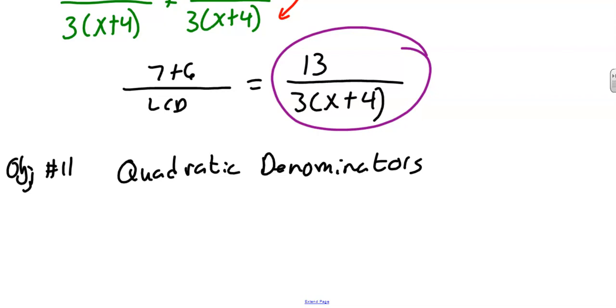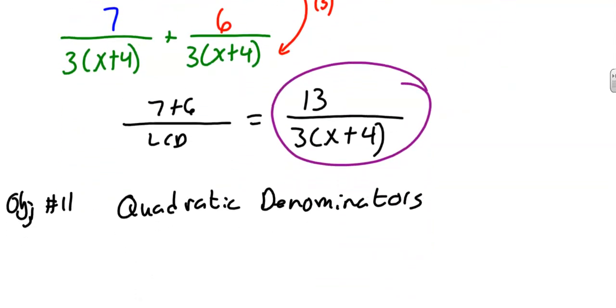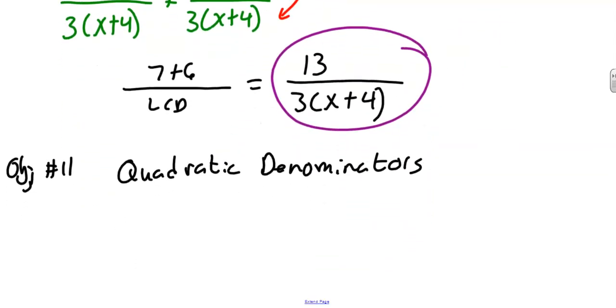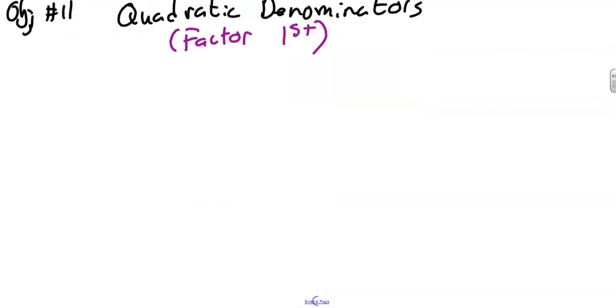Okay, now, even though this was the linear part back here, it's still going to be that same setup that you still have to factor your denominators. Before you do anything with those quadratic denominators, you do have to do the factoring first.